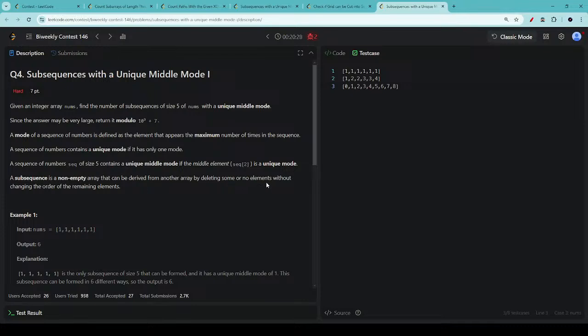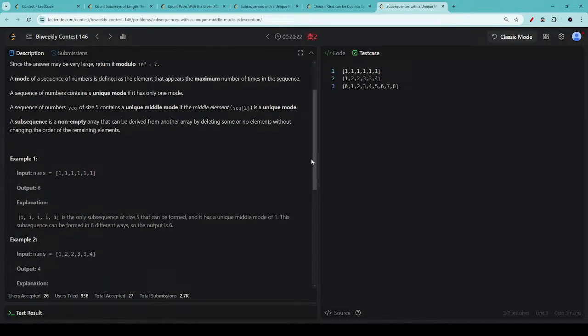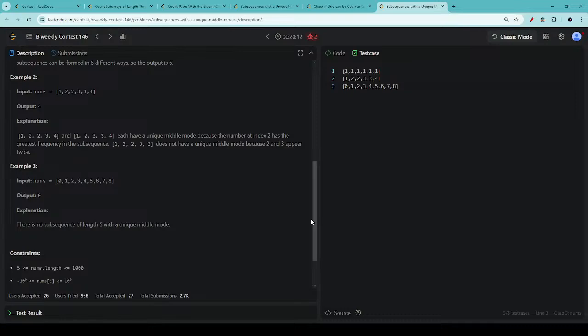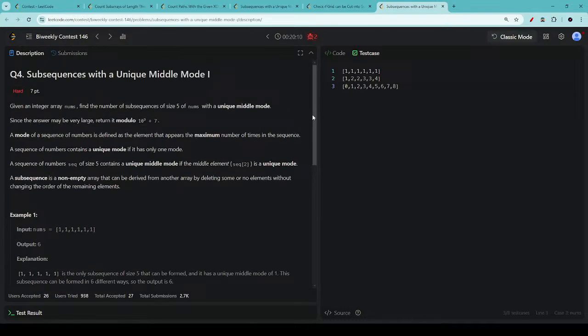So deleting some elements of the array, or changing the order of the remaining elements. Okay. And they're not sorted. They didn't say the integer array was sorted. If it's sorted, it might be a little bit easier.